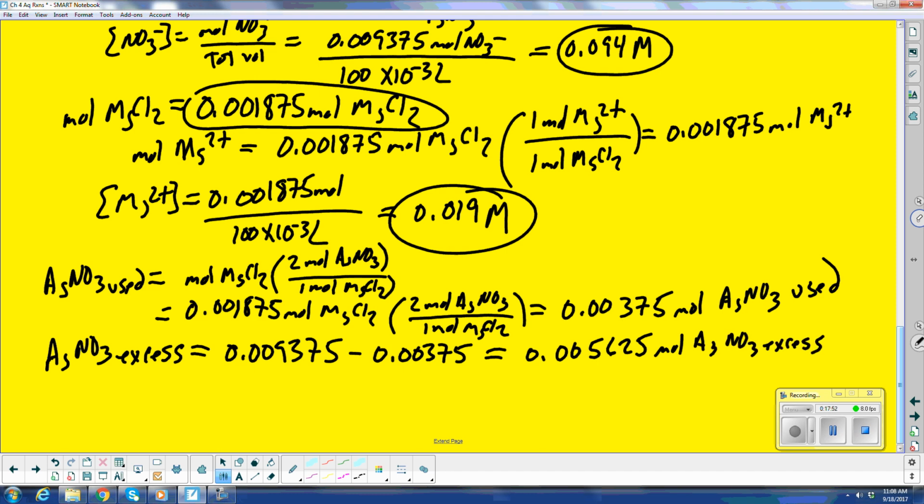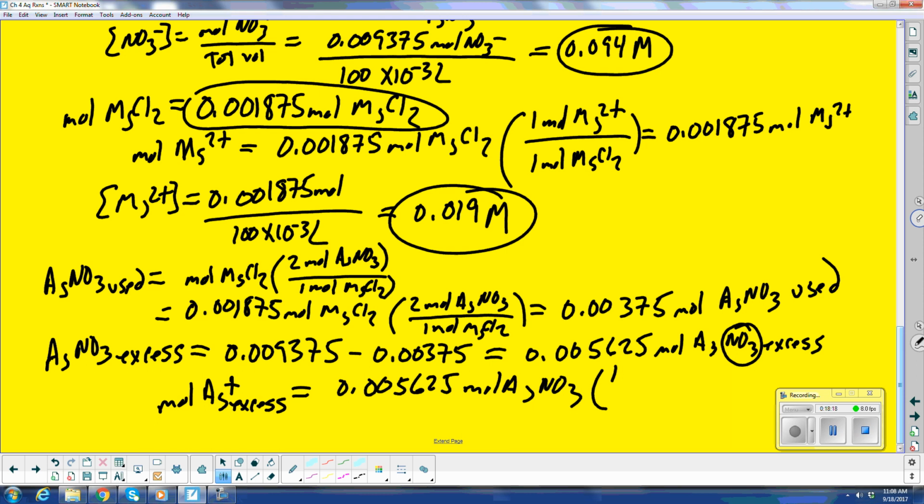Okay, but we already know about my nitrate. We already figured that out. We figured out that all the nitrate stays in solution. So really, I'm only interested in moles of my Ag+ that are excess. And that would be equal to my 0.005625 moles of silver nitrate times the mole ratio.